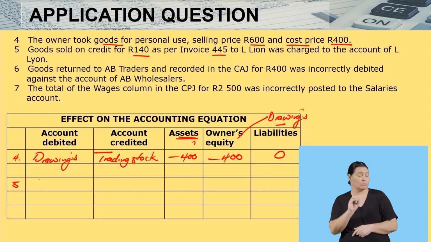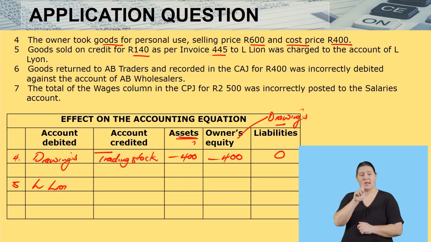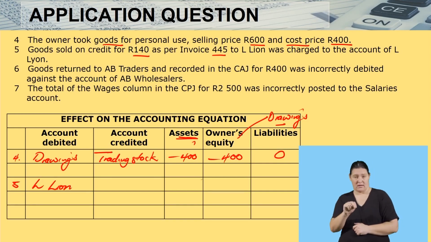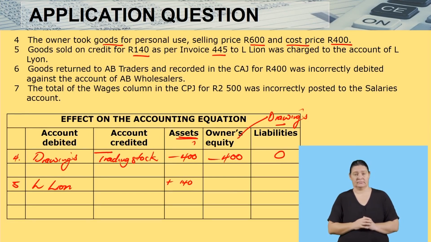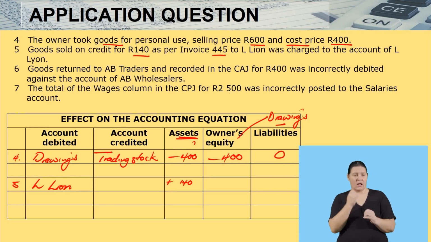It should have been L Lion. And then once I debit L Lion, which is a debtor, I would then come here and say plus how much? 140.